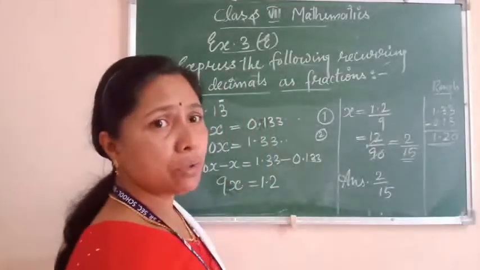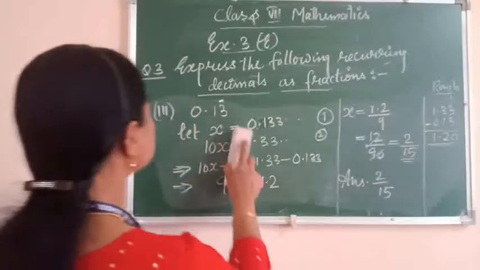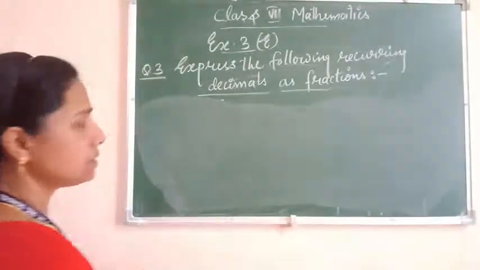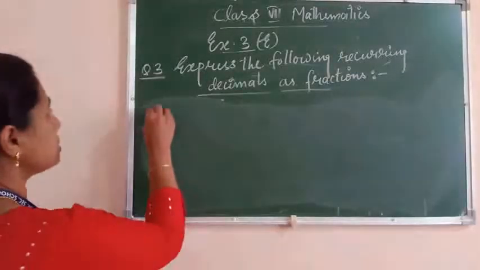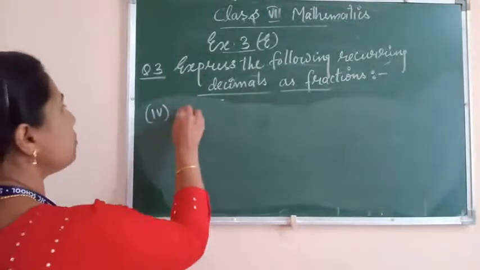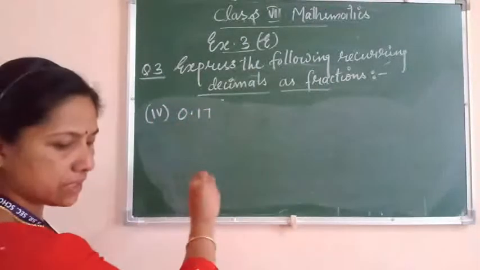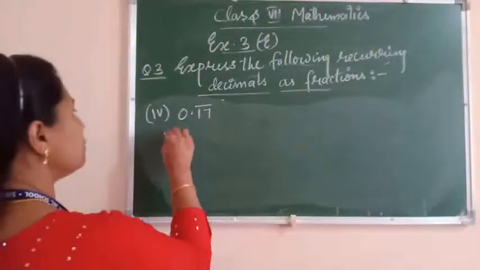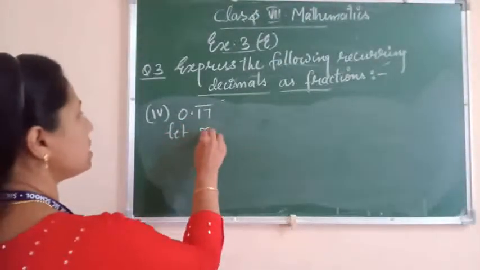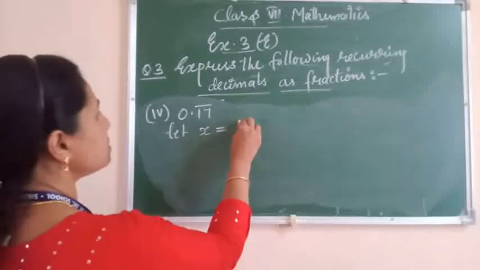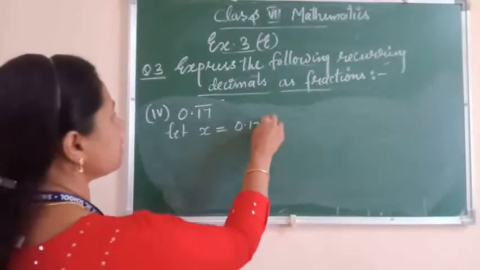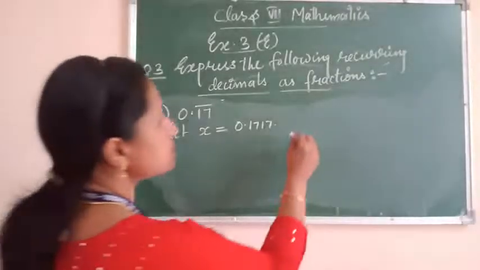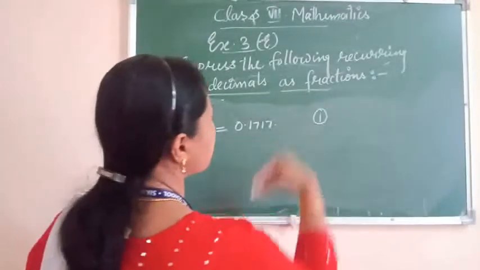Now it is clear to you. Now see the last question. In the last question, question number 4, it is given 0.17. Here both the digits are repeating. In the same way, first you make the equation that x is equal to 0.1717. This 1 and 7 both digits are repeating, and this is your equation number 1.